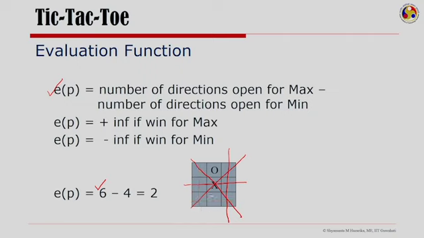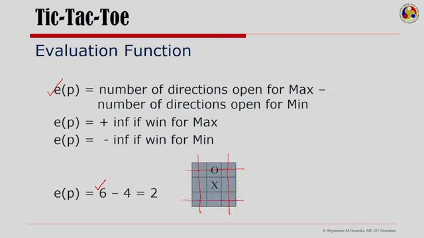Now, let us take a moment and see what are the directions possible for Min. When I say directions possible for Max or Min, I mean directions that could ensure a win for the player. So, we have one direction in which Min could win this game, 2, 3 and 4.